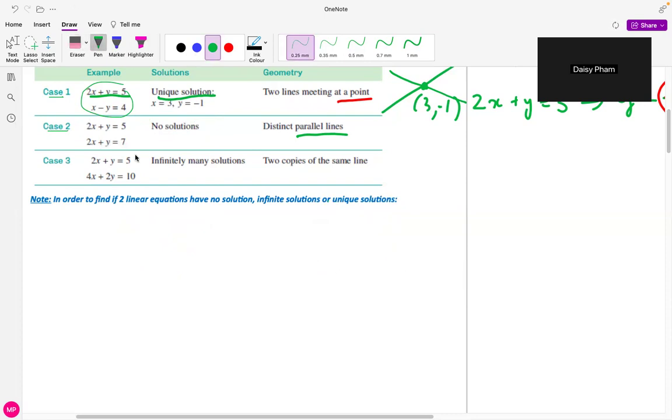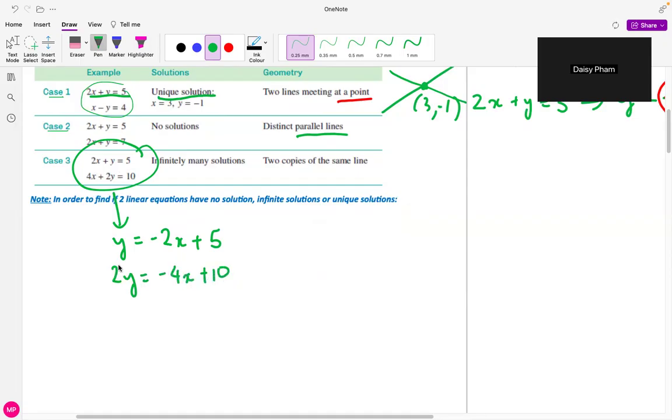All right. Now, the last case is infinite solutions. For case number 3, if I rearrange for y here, I move the 2x over and have y equals -2x plus 5. Then I do the same on the other equation. I move the 4x over, so 2y equals -4x plus 10.